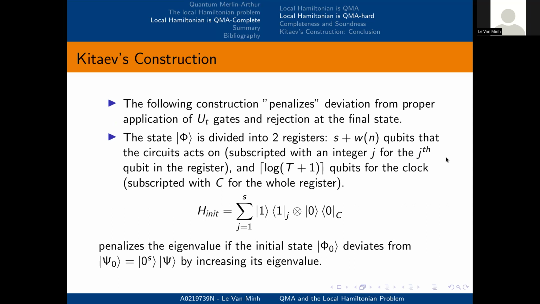The first term of the Hamiltonian that we want to construct will penalize the eigenvalue if the initial state phi 0 deviates significantly from the initial state of psi 0. That is, all the qubits in a working state equal to 0.